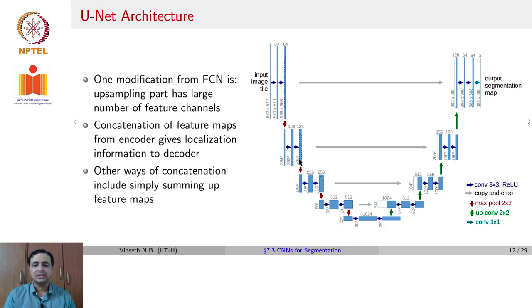So that gives localization information from the encoder to each step of the decoder beyond just upsampling. So you get additional information from the corresponding layer of the encoder rather than rely only on upsampling as in SegNet or FCNs.